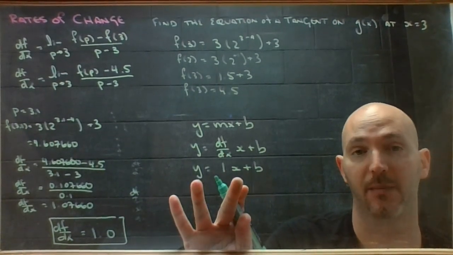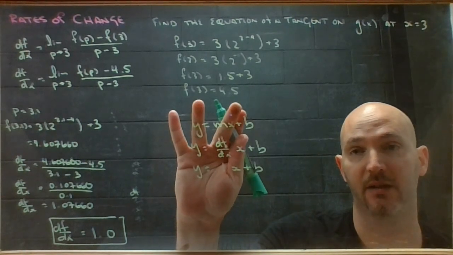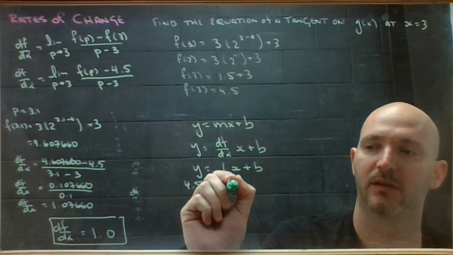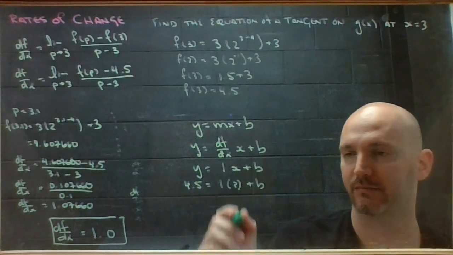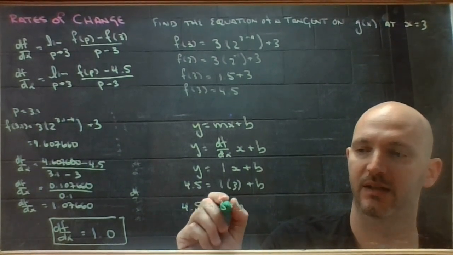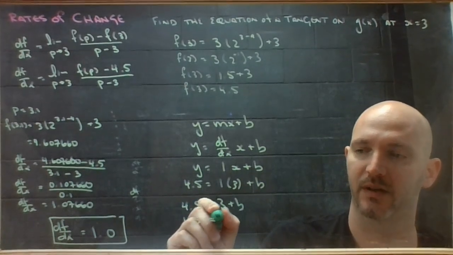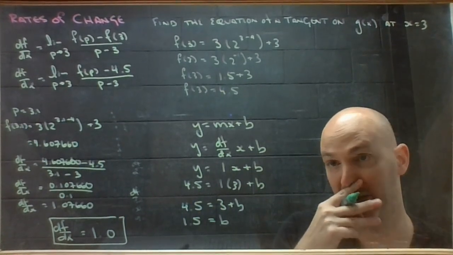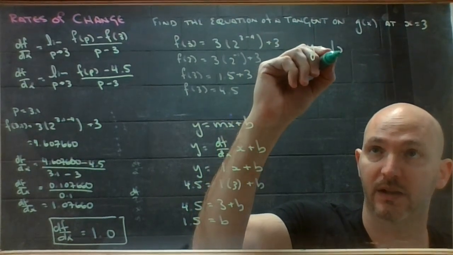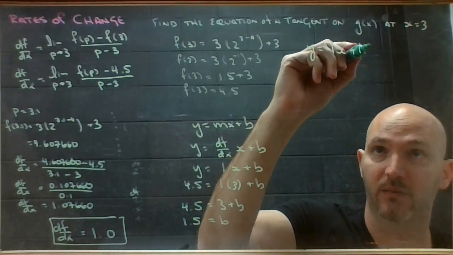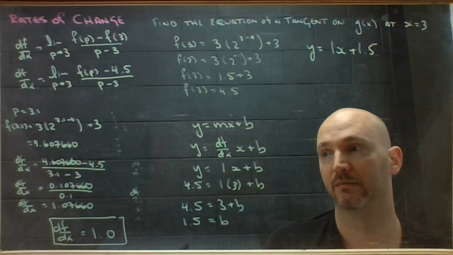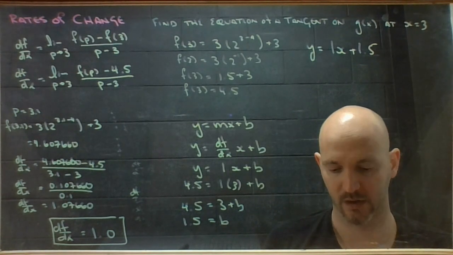I need an xy pair, which I fortunately have here. 4.5 on the y, 3 on the x. 4.5 is 3 plus b. Subtract 3 from both sides. I end up with 1.5 is b. So the equation of my tangent then will be y equals 1x plus 1.5. Okay.